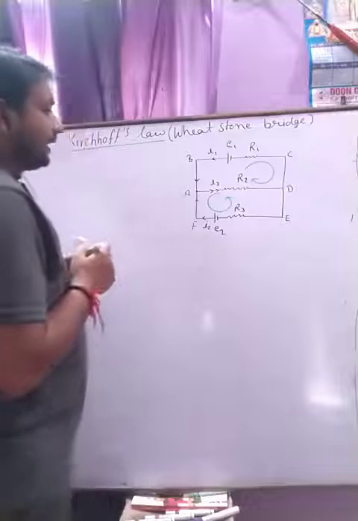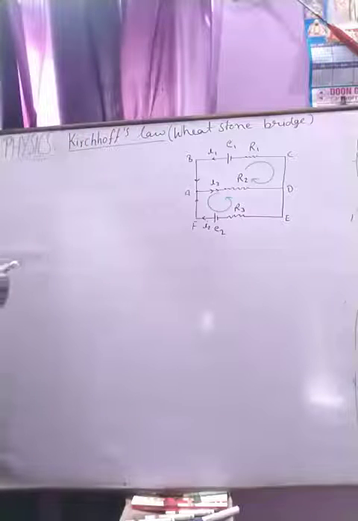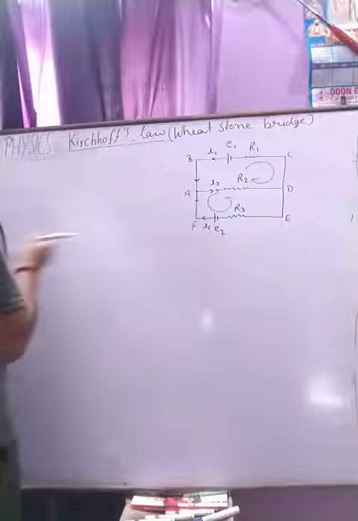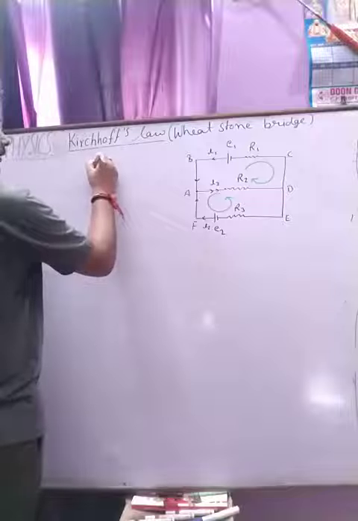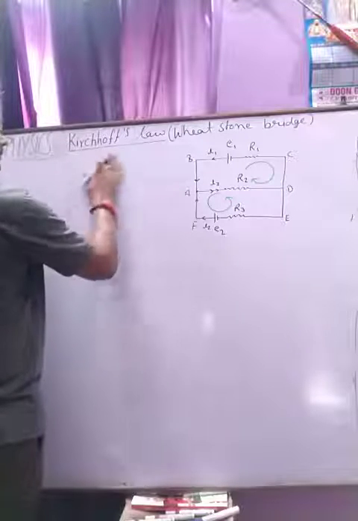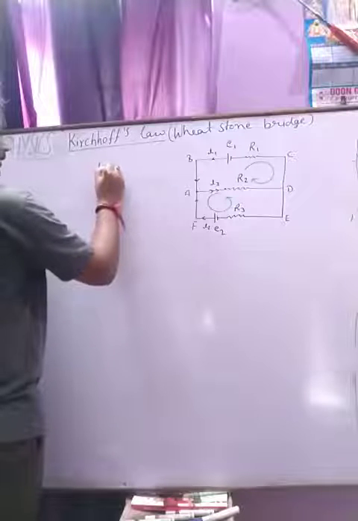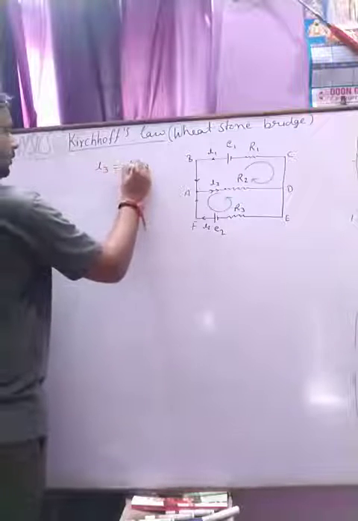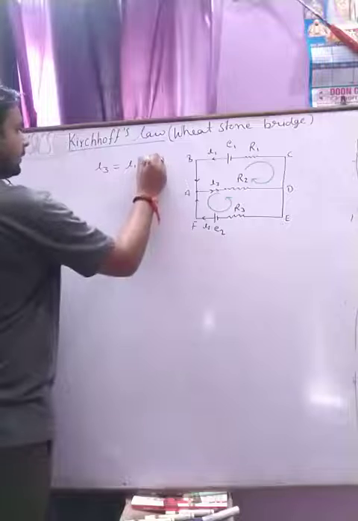Now what is the value of the current? The answer is I3 equals I1 plus I2.